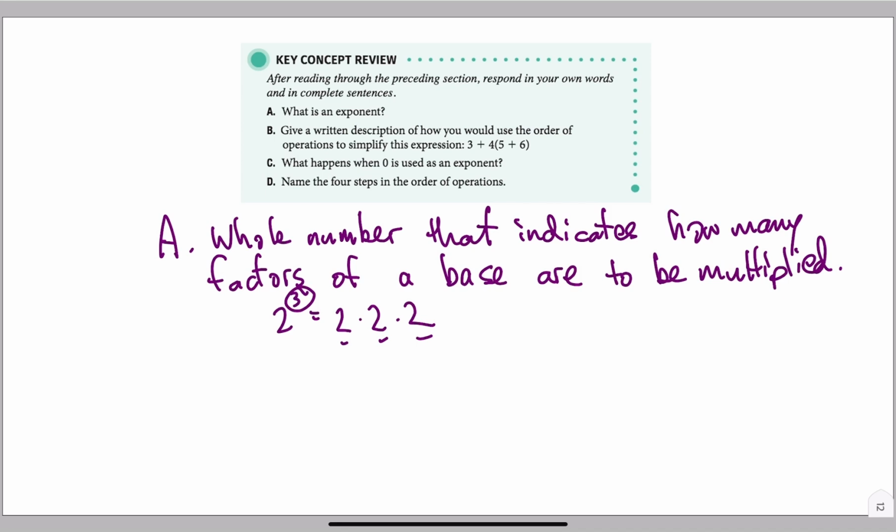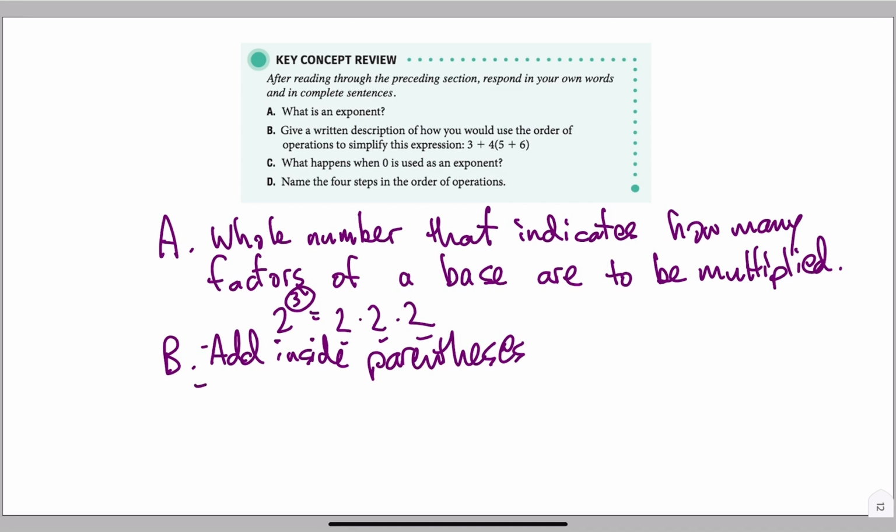All right. How about part B? Give a written description of how you would use the order of operations to simplify the expression 3 plus 4 times the quantity 5 plus 6. So what I would do is say add 5 and 6 inside parentheses, right? That would be step 1.